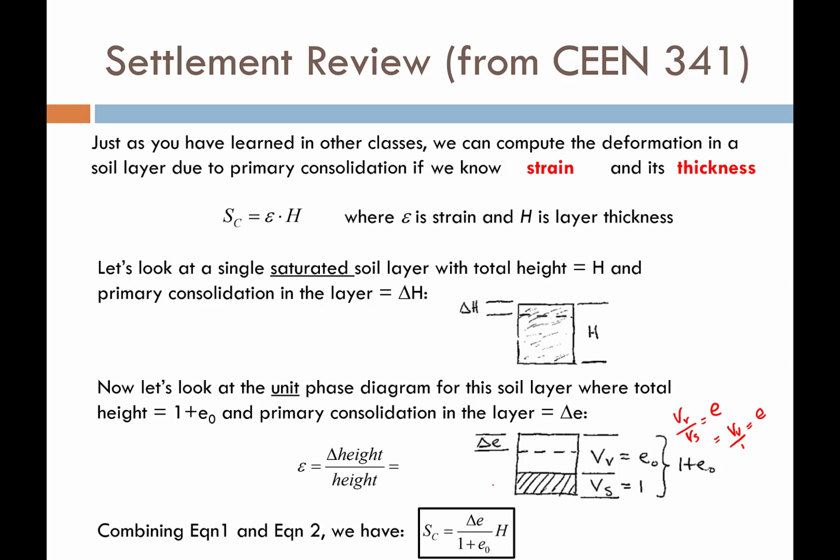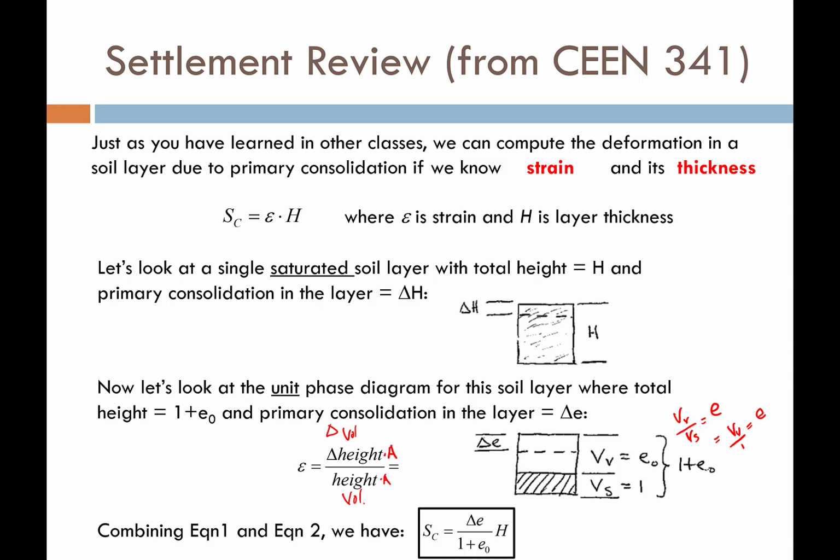So the strain is equal to the change in height divided by the original height. But because this is a one-dimensional consolidation test, if I just tack on an area, the cross-sectional area of that soil would give me, of course, the volume. That's the change in volume. And down here, if I tack on an area to that height, that's going to give me the original volume.